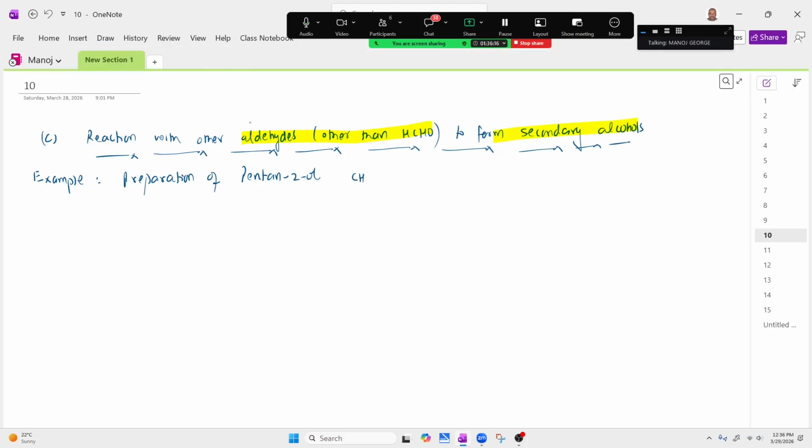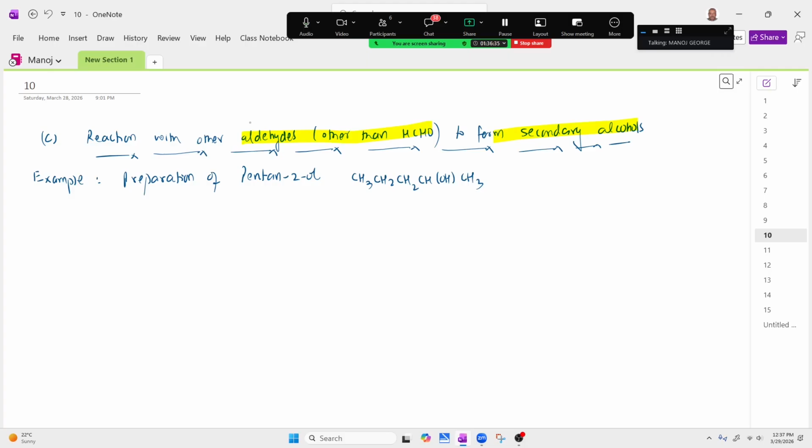So that's basically CH3, CH2, CH2, CHOH, CH3, 1, 2, 3, 4, 5. Okay, good. So that's basically pentan-2-ol. So I see there is a secondary alcohol there, right?